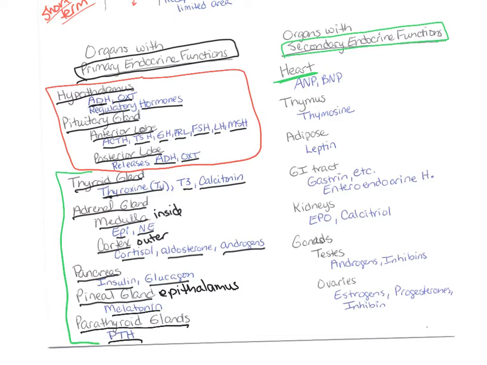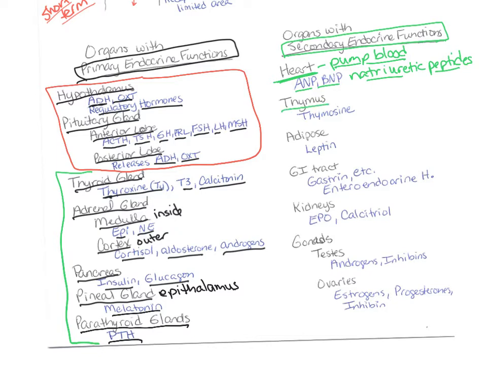The main job of the heart is to pump blood. But in addition to pumping blood, it can release some hormones. It releases ANP and BNP, which are called natriuretic peptides. So its main job is to pump the blood, but as a secondary function, it will release natriuretic peptides. So we'll talk about that.